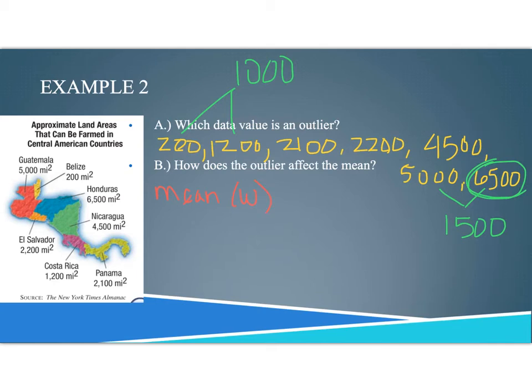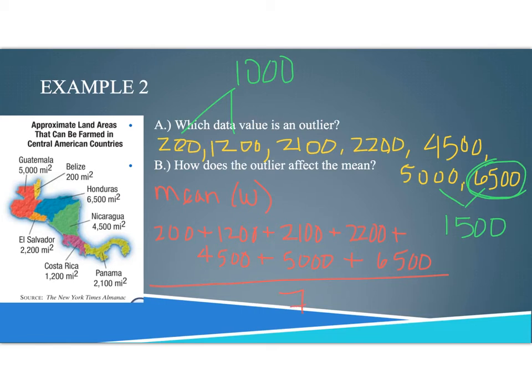So if I calculate the mean with the outlier, I'm going to go 200 plus 1,200 plus 2,100 plus 2,200 plus 4,500 plus 5,000 plus 6,500, and we're going to divide this all by 7 because there are 7 data points.